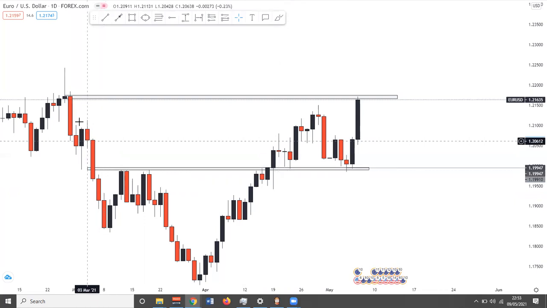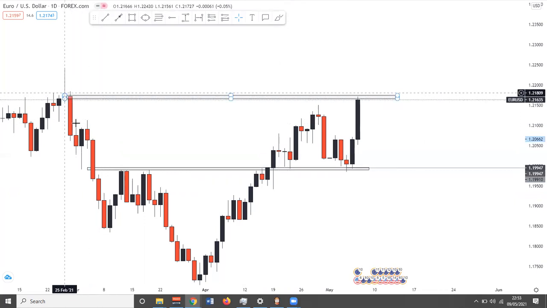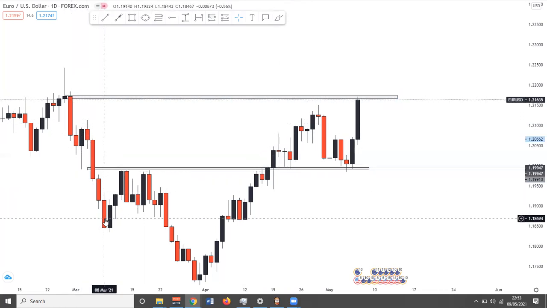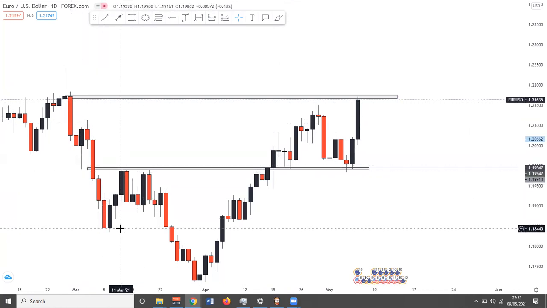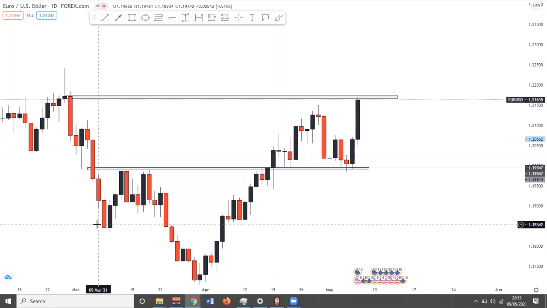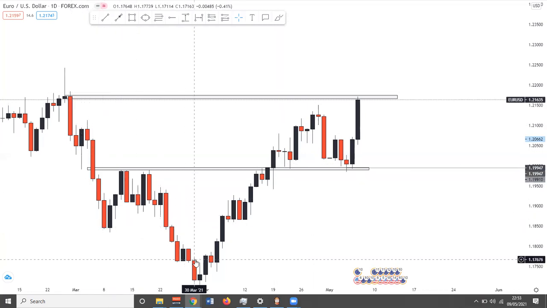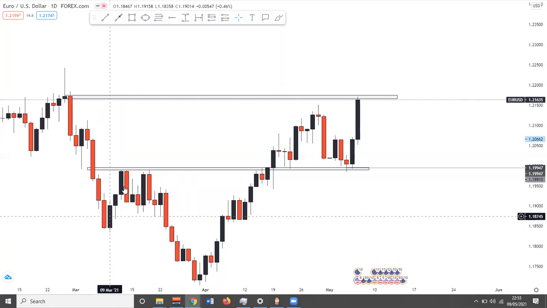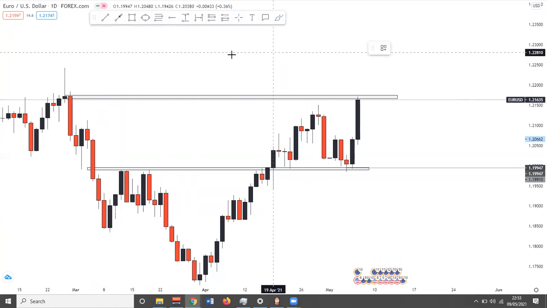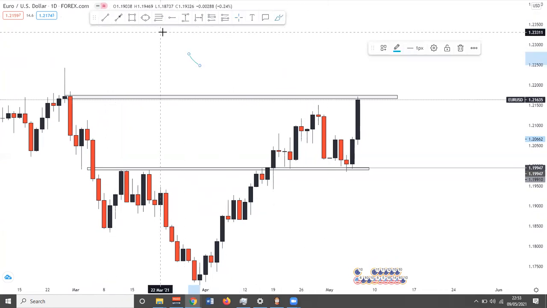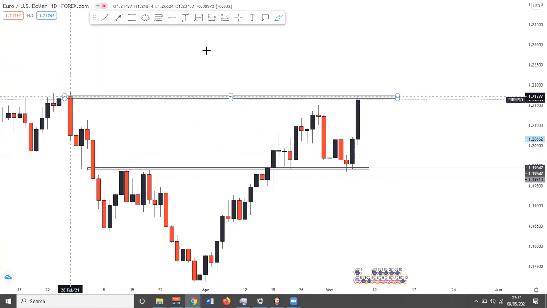What I mean is this: we saw the move from here down to here. Now, this is one half of a swing to the downside, and we've got a swing. So here, I'm going to change this so I can draw on the screen.